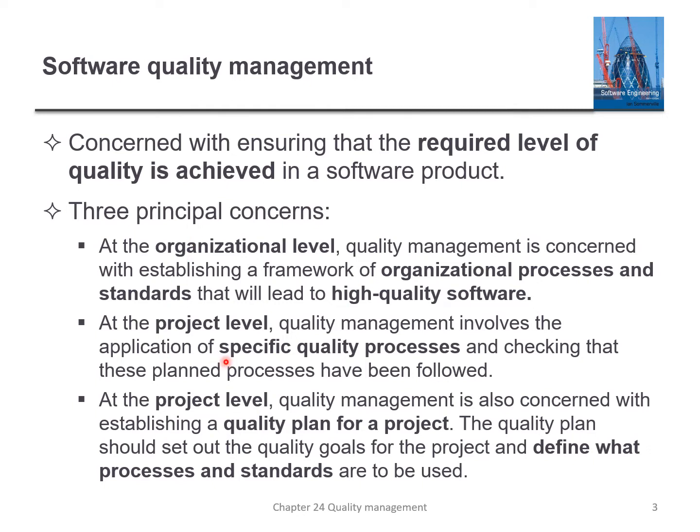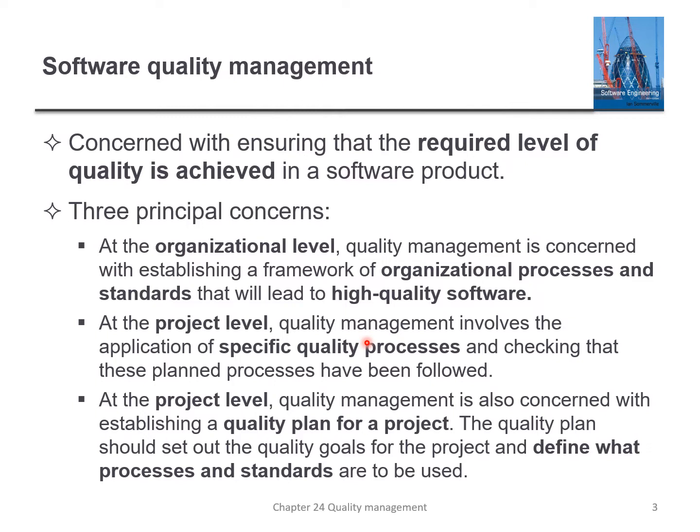And from a slightly smaller scope, which is at the product or project level, in one organization, maybe there are several projects running at the same time. So software quality management can also be looked at from the project level, where we are concerned with ensuring that the specific quality processes related to that project are being followed.